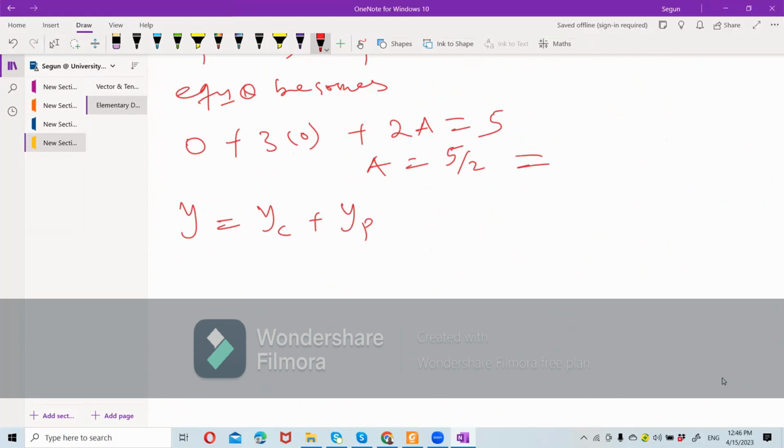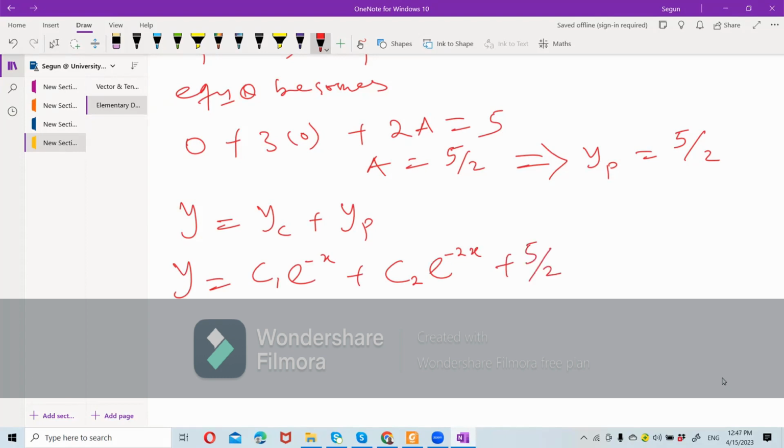In this case, our yp is equal to 5/2. Remember, initially, your yp is equal to a. So when you substitute everything, you get y equals c1 exponential minus x plus c2 exponential minus 2x plus 5/2.